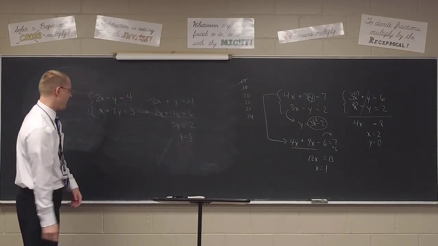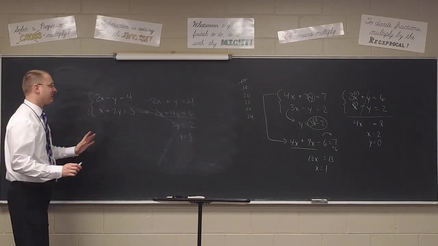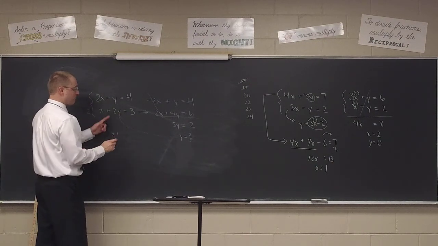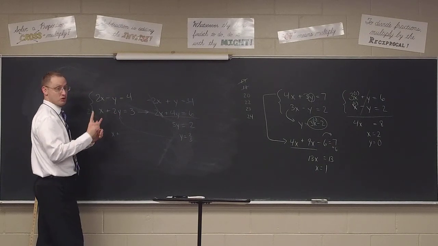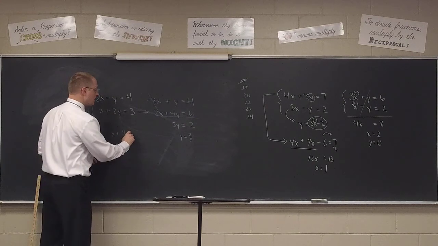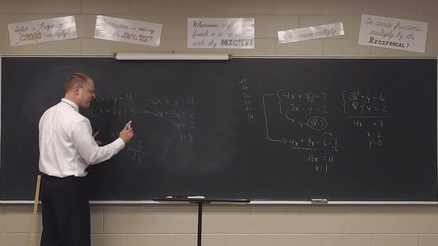Yeah. And I don't want to go plugging that back in. Now, honestly, truly, it wouldn't be the end of the world if we were to plug it in right here, right? X plus, Maddie, what is 2 times 2/5? No, 2 times 2/5. 4/5, right, is equal to 3. And then we could subtract 4/5 from 3 to get 2 1/5.